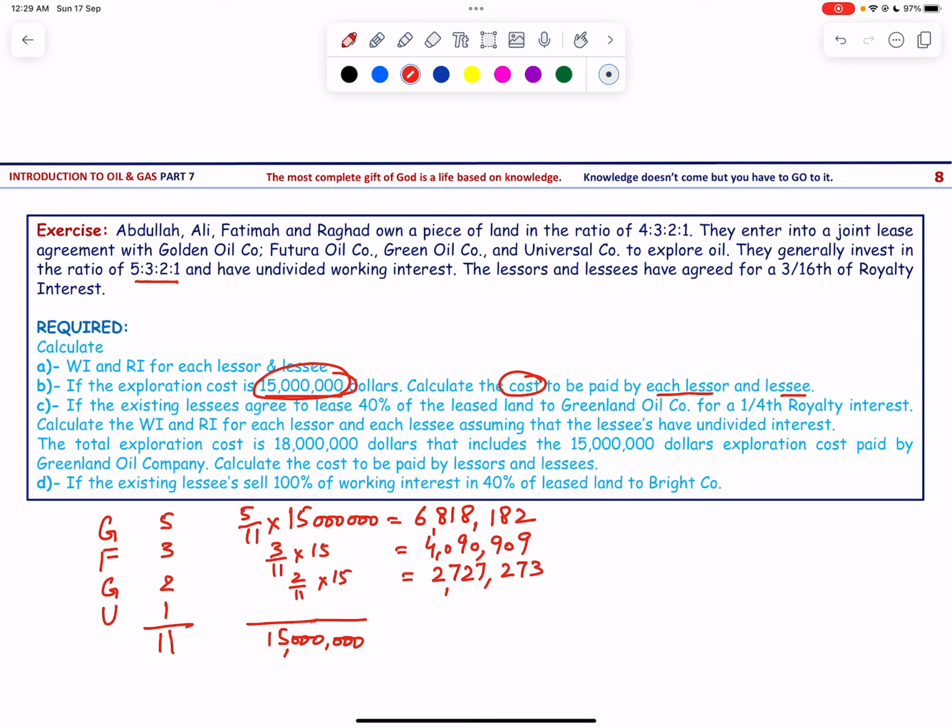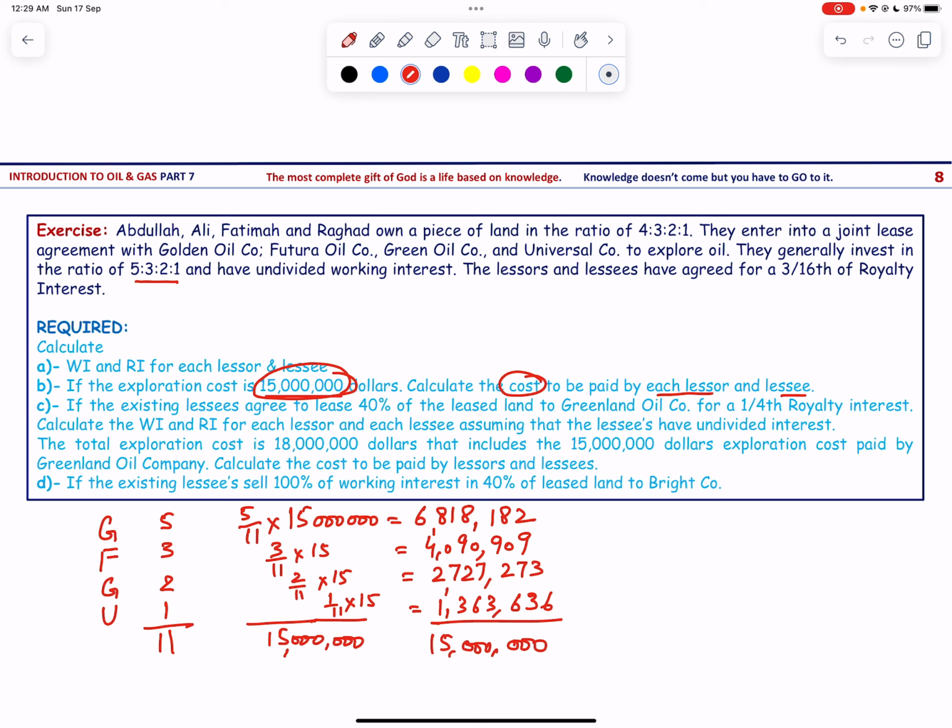And for Universal Company, it will be 1 upon 11 times 15 million, and this will be 1,363,636. So if we make a total, this must be equal to 15 million, and if it is not equal, then there is a calculation mistake.